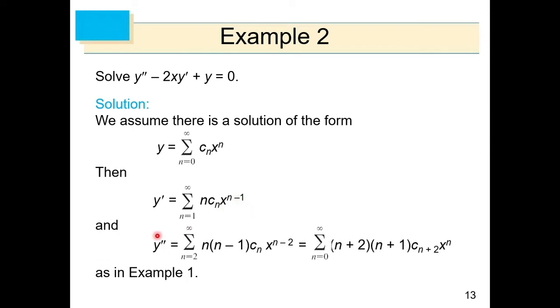The second derivative is equal to summation n is equal to 2 to infinite n into n minus 1 into cn x raised to n minus 2, which is equal to the form summation n is equal to 0 to infinite n plus 2 into n plus 1 into cn plus 2 into x raised to n, as in example 1.